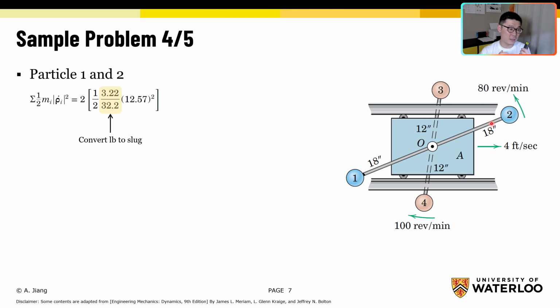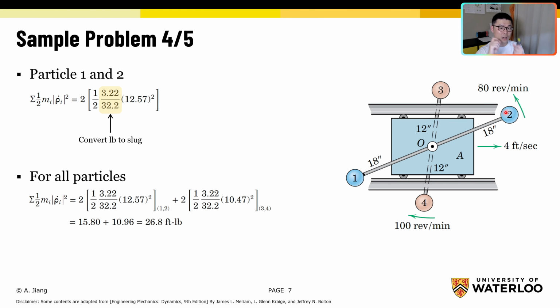Also note this 2 at the front: we have two balls, so you times 2 here, particle 1 and particle 2. So for all particles together, this is for particles 1 and 2, and this is for particles 3 and 4. These 12.57 and 10.47 are the velocities of ball 1 and 2 and the velocity of ball 3 and 4, which we calculated on the previous page.